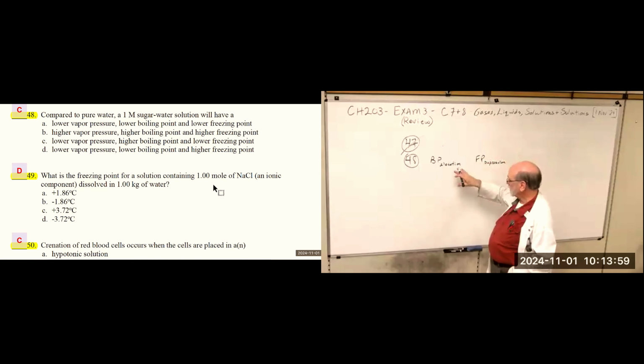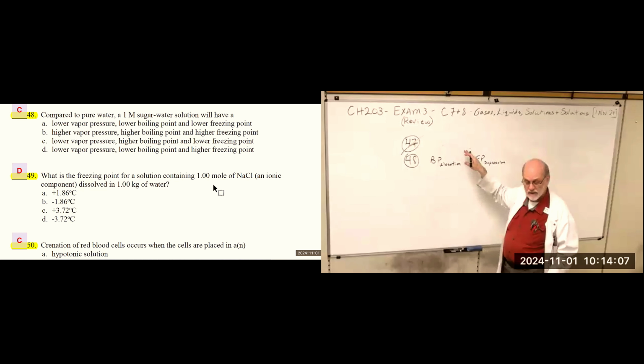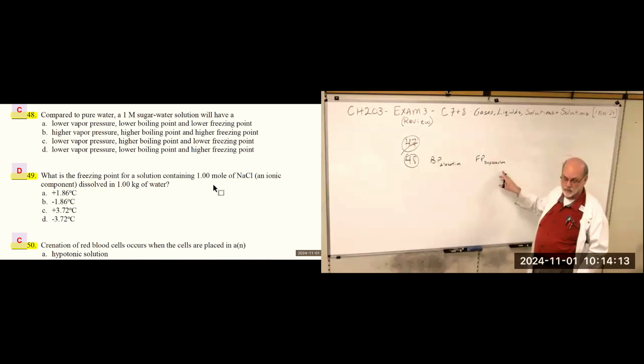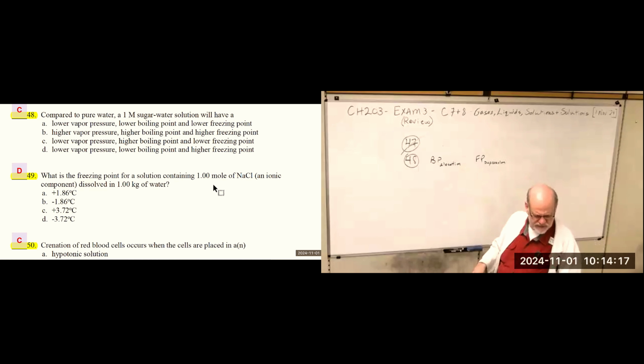Right? The boiling point will increase as we increase the molality of the solute, and the freezing point will decrease as we increase the molality of the solute. That's the one we're going to work with today in the lab. So which one satisfies?